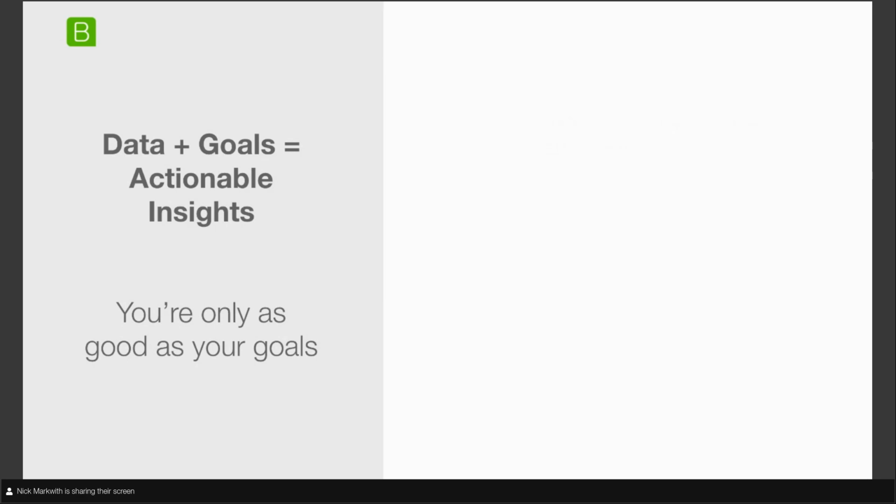In terms of common goals we typically see with content, I typically see really three main goals. There is some nuance within these, but the first, and probably one of the most important ones, is attracting and inspiring new audiences.